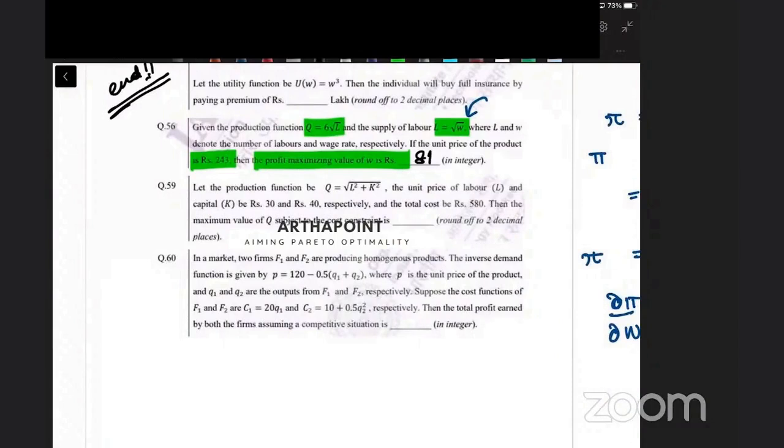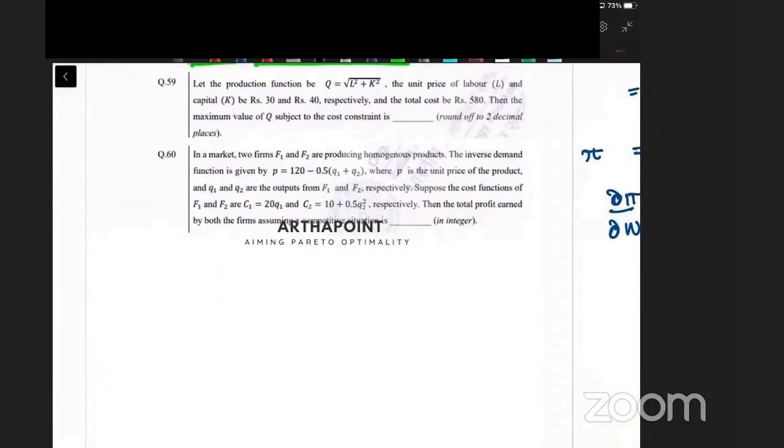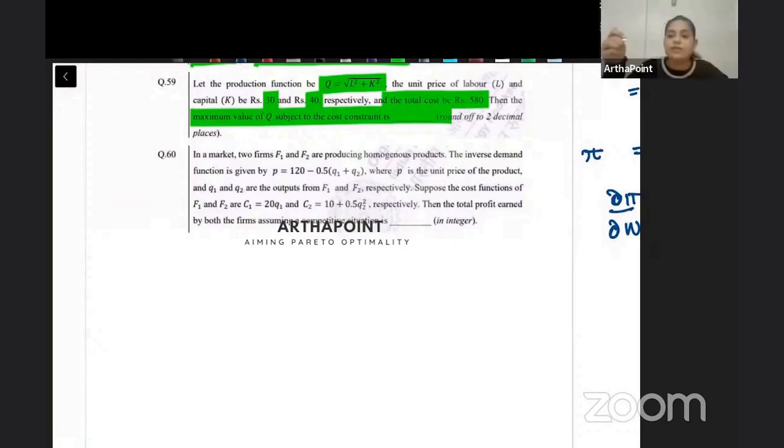Okay, now come to the next question. Let the production function be given by this, and cost of labor and capital be this, and total cost be 580. Then the maximum value of Q subject to the cost constraint is given by. Okay.